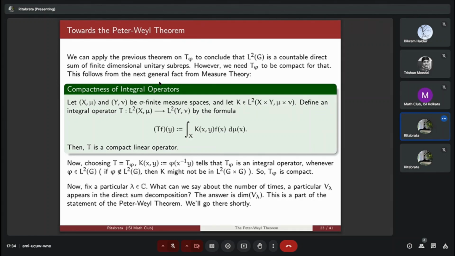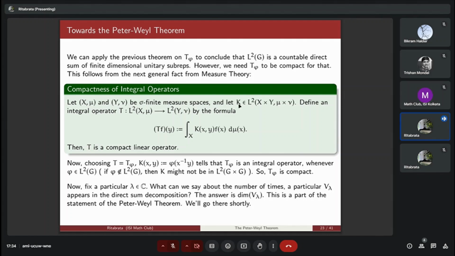We want to show that the map T_phi is a compact operator. So let (X, mu) and (Y, nu) be sigma-finite measure spaces. That is, each is a countable union of subsets, and each part has finite measure. This is what we call sigma-finite.